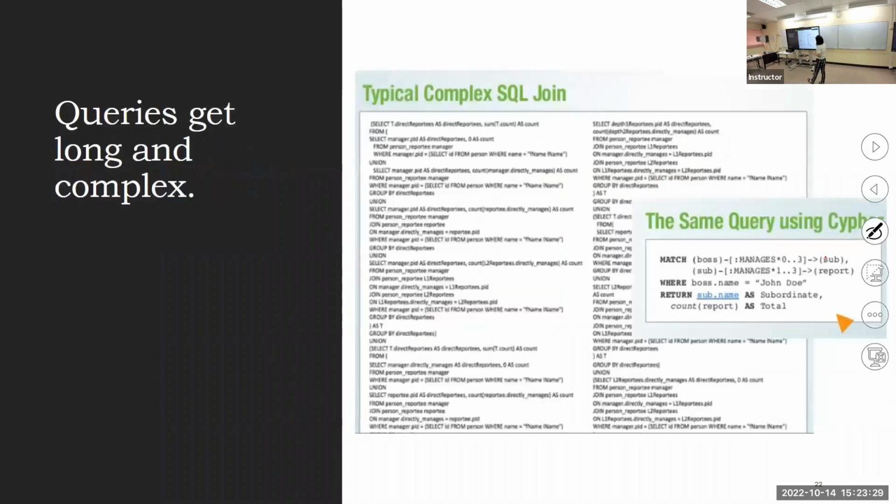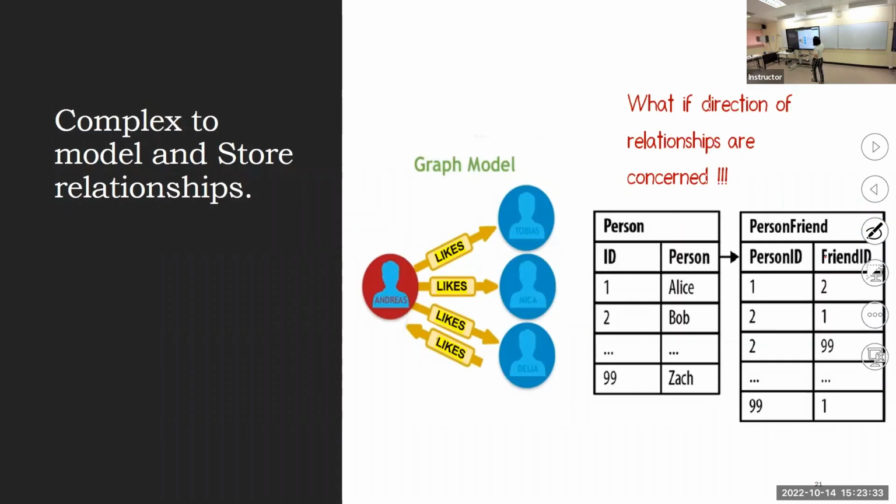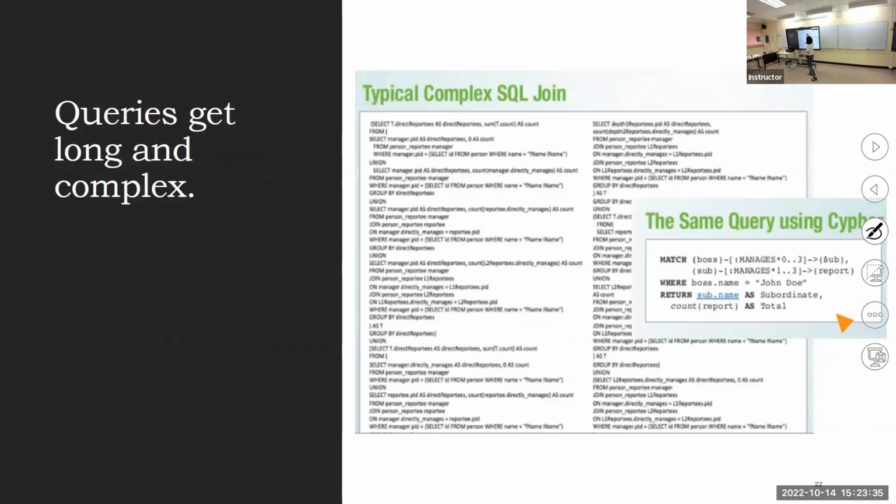Okay. And this is an example of some typical complex joins in SQL, in which for the same query, when it is represented and executed using graph, so that is to compare.